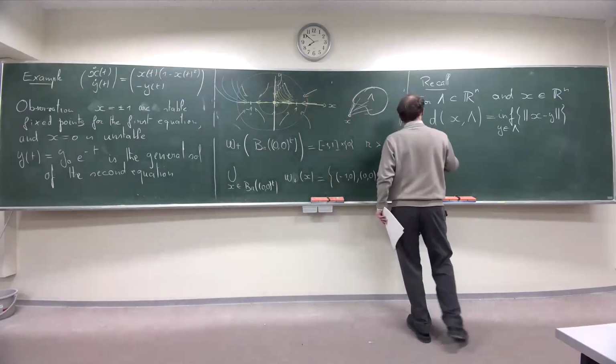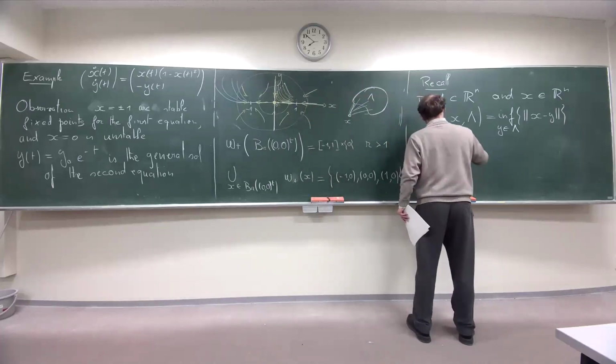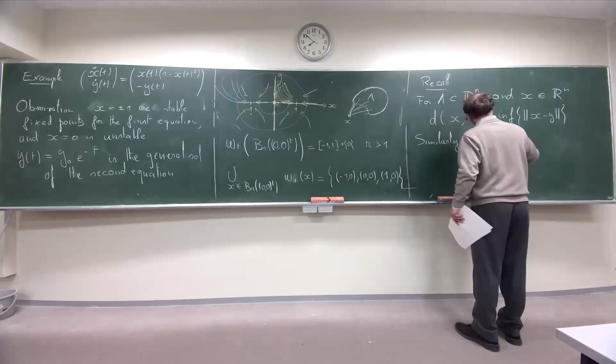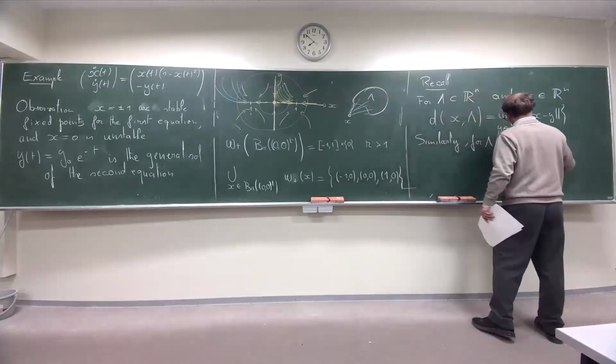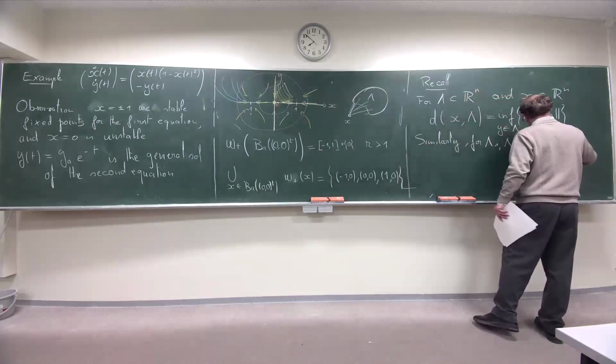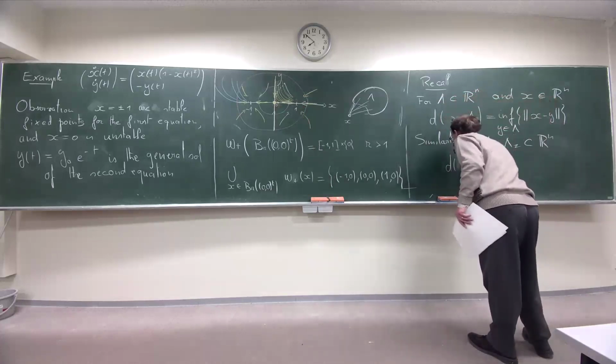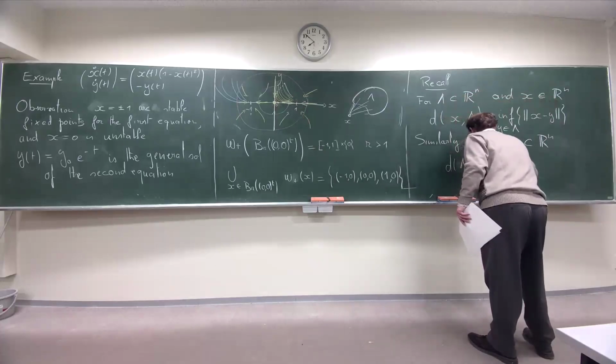And similarly, if you have now two sets, lambda 1 and lambda 2, inside Rn, what is the distance between lambda 1 and lambda 2?